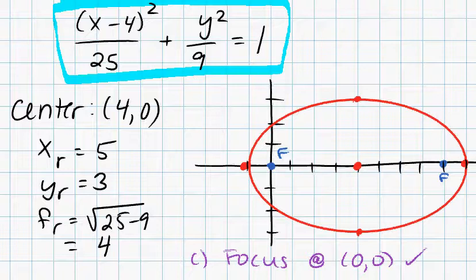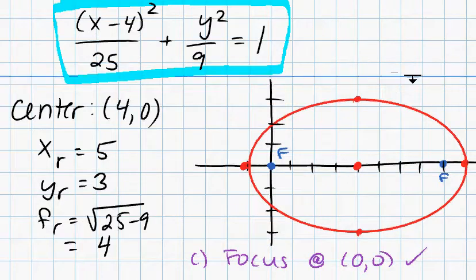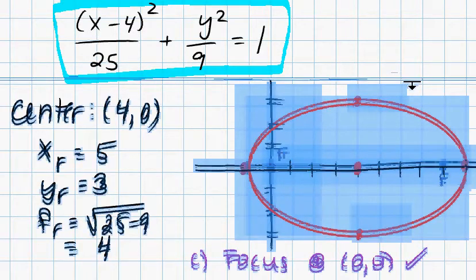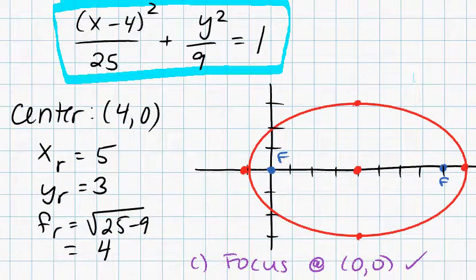And when you draw the graph, you make sure that you go from the point 4, 0, which is your center, left and right 5, up and down 3, and draw an ellipse. The focus points go the same direction as the longer radius, so they go left and right, just like x did.